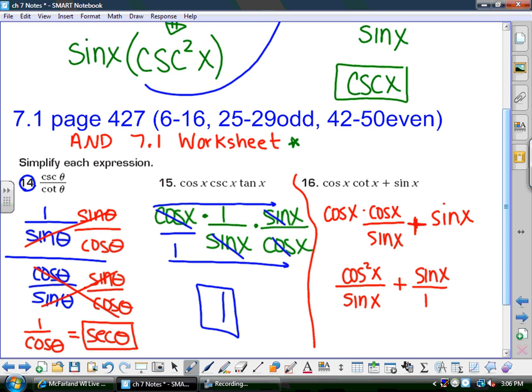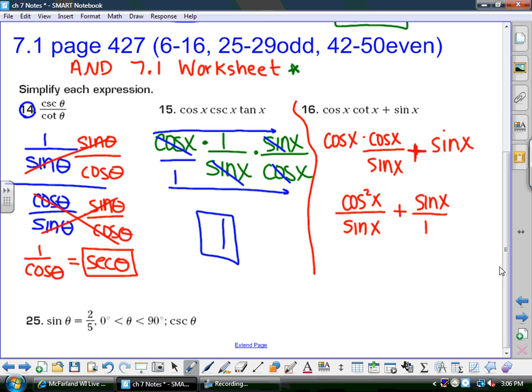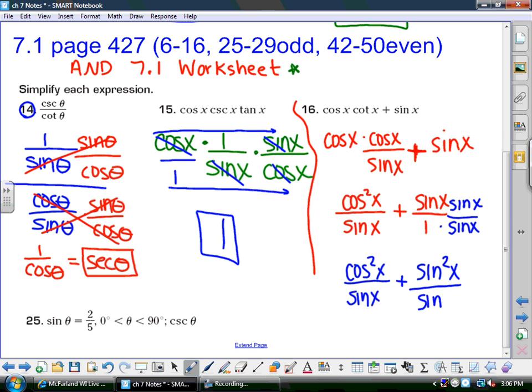over 1. If I'm going to add those fractions together, I need a common denominator. So I need to multiply this one by sine over sine so that the denominators are the same. Then I get cosine squared over sine plus sine squared over sine.